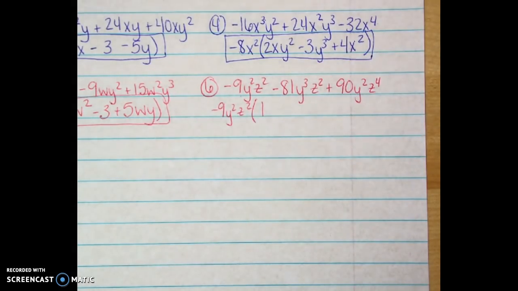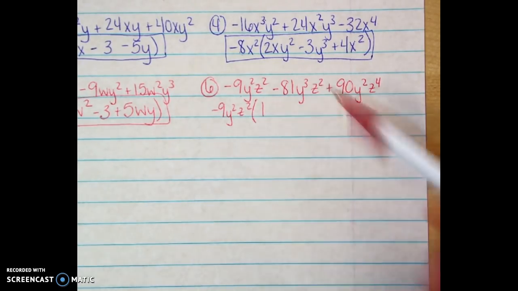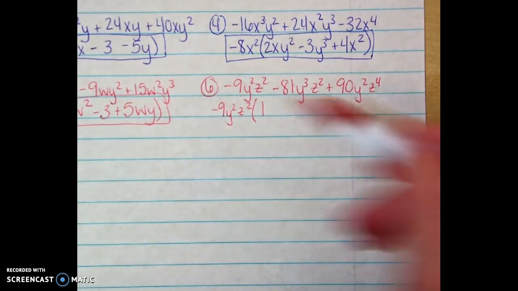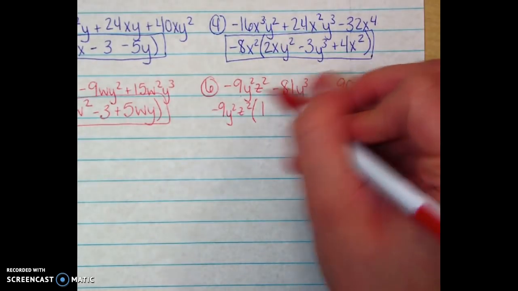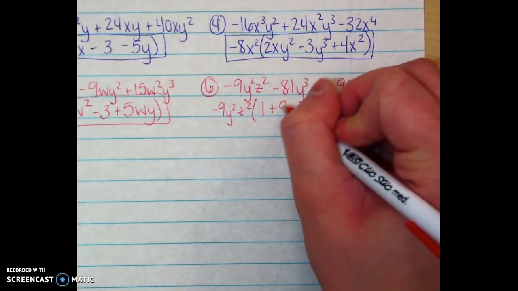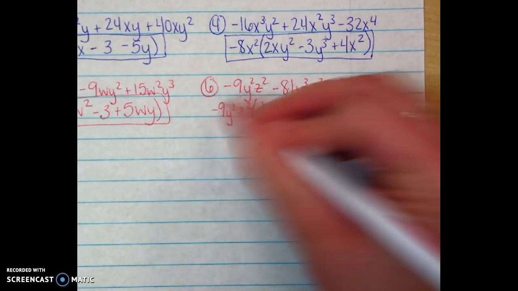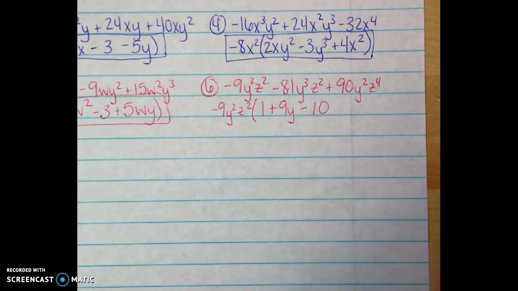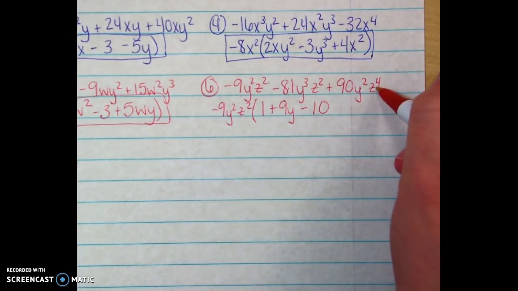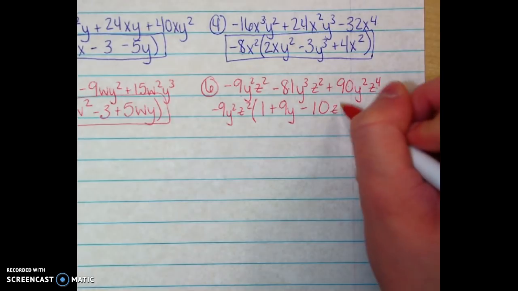You need that placeholder because if we multiply it back out, if it was 0, you wouldn't wind up with the same problem at the beginning. And I can show you that here in a second. Negative 81 divided by negative 9 is a positive 9, and I do have a y. 90 divided by negative 9 is negative 10. The y squareds are gone, but I do have z to the second.